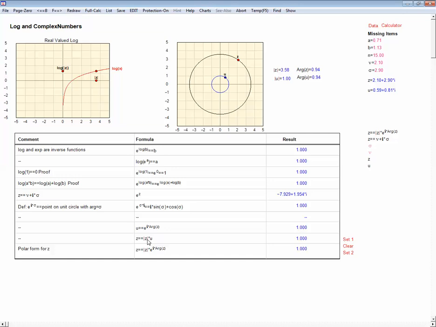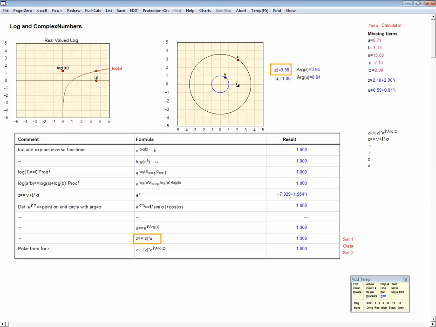In other words, z is just its shadow on the unit circle expanded by whatever the modulus of z is. So in this case, the modulus is 3.58. So that means that this point here is 3.58 times bigger than the shadow on the unit circle.